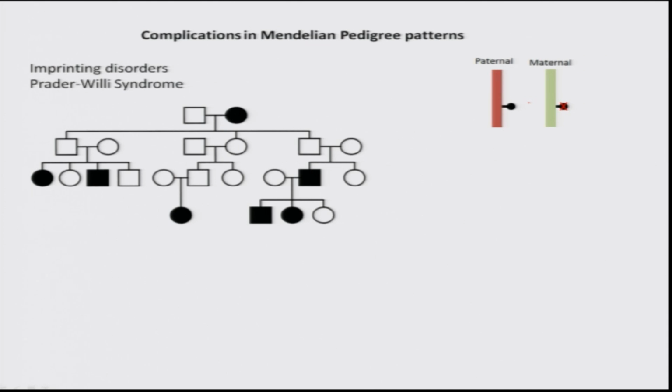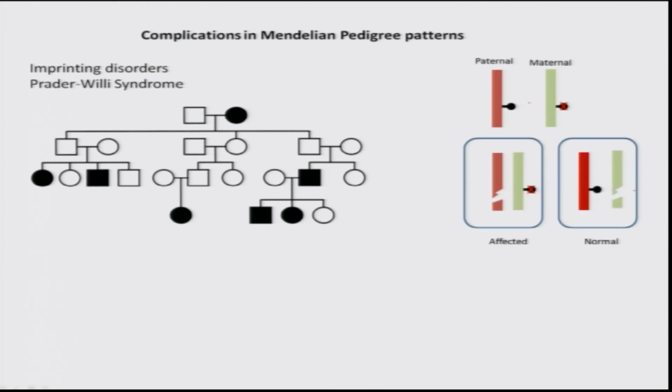So, what would happen in this case is that for such a gene, for example a gene that is normally expressed on the paternal allele, if the mutation for the same gene is present on the chromosome which gets silenced for this particular gene, then an individual having this kind of genotype, where the mutation is present on the maternal copy, would still be normal because anyway this copy is supposed to be silenced.